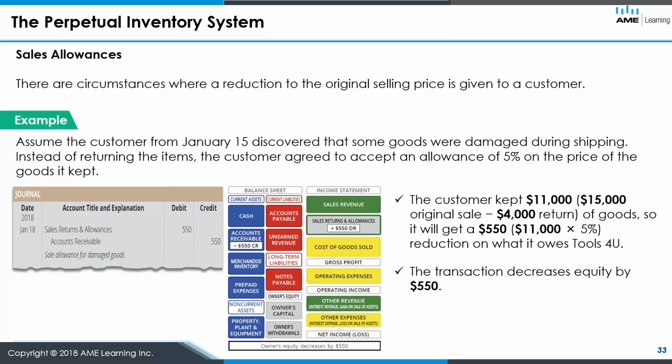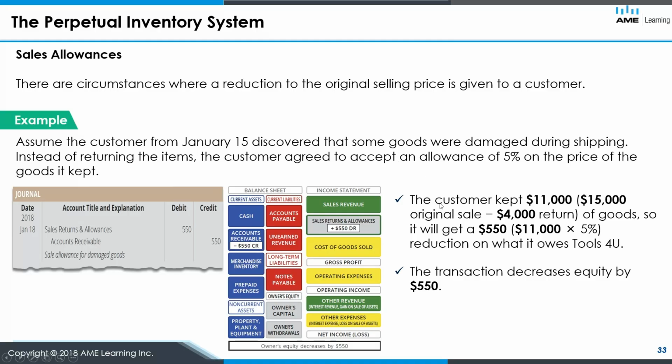Okay, so in some circumstances, we already talked about purchase allowances, but we can also provide an allowance to a customer if they make a purchase and something's wrong with it, for example, and we want them to still keep the goods, but we want to somehow compensate them for the fact that the product was damaged, or whatever the incident is, or the circumstances around that inventory that make it not what they thought they were going to get.